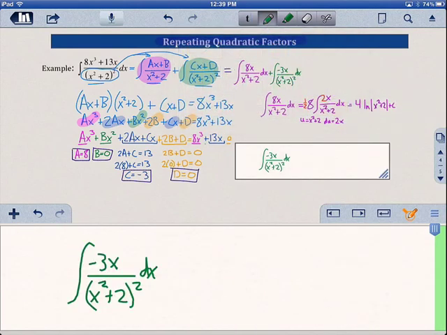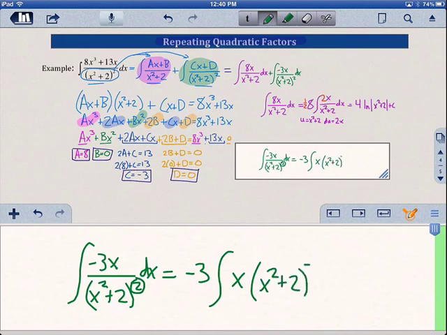And taking a look at this one, so I have something squared in the denominator, so we can do a couple things here. I'm going to factor out the -3. I'm going to take this exponent of 2 and make it negative and move that to the top. So I'm going to have x squared plus 2 to the -2 with respect to x.